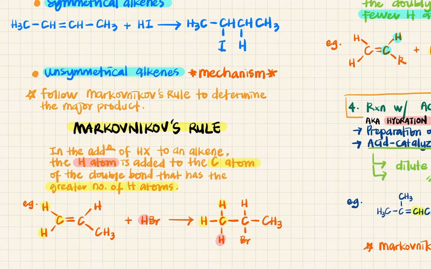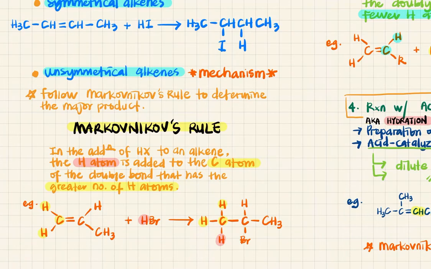So maksudnya, according to Markovnikov, hydrogen will go to the carbon with banyak hydrogen. Lagi banyak hydrogen, dia lagi suka lah, dia nak dengan family dia lah, kira contoh.